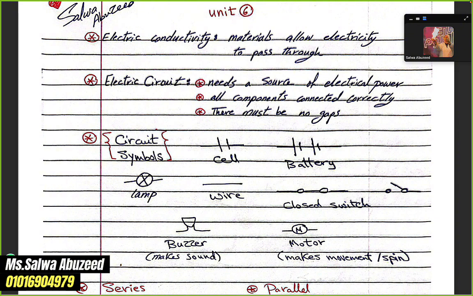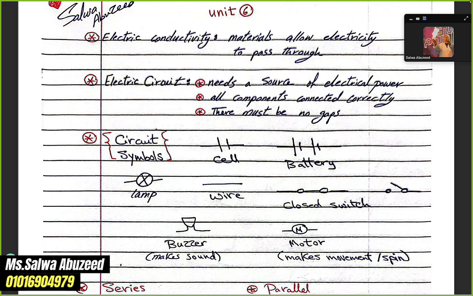If it's only one battery, we call it a cell. If it's more than one, we will call it a battery. All components connected together correctly. So they have to be all connected together. And also there are no gaps, which means no spaces open or any opened area.